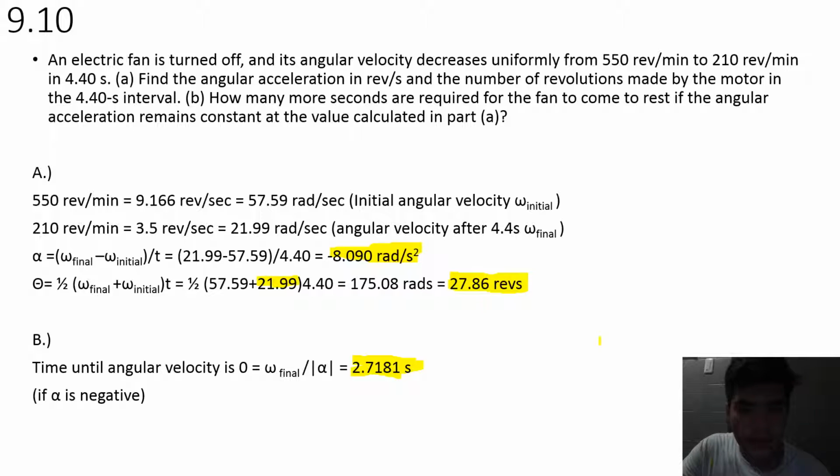Now for B. How many more seconds are required for the fan to come to rest if the angular acceleration remains constant at the value calculated in Part A?